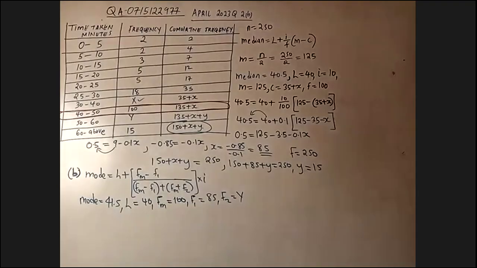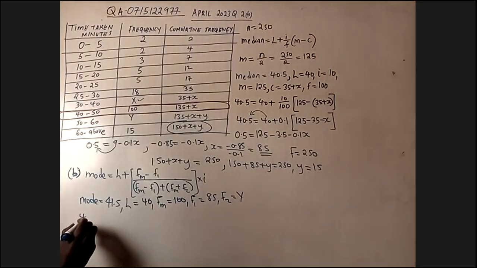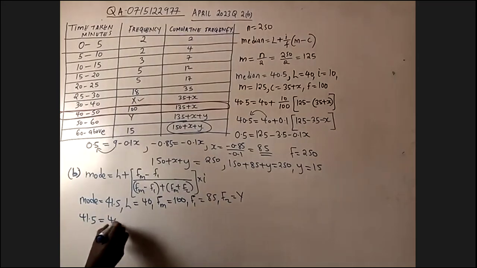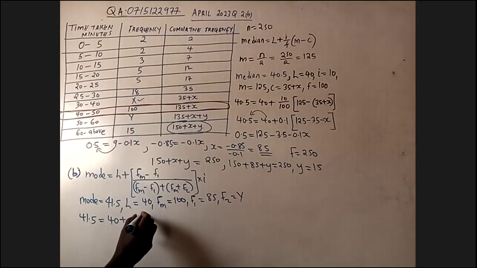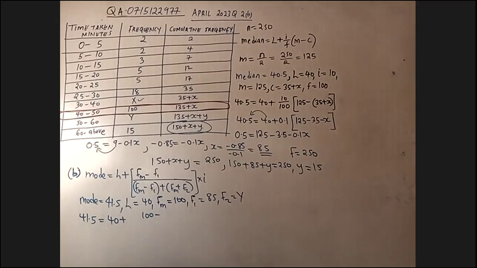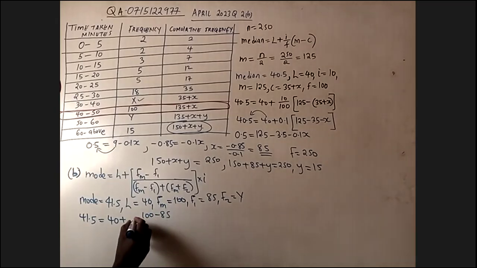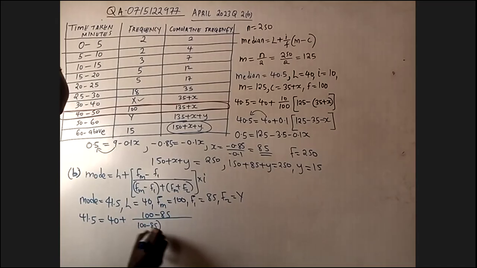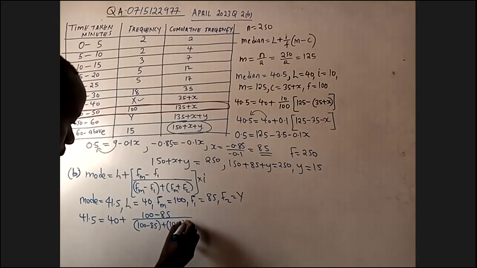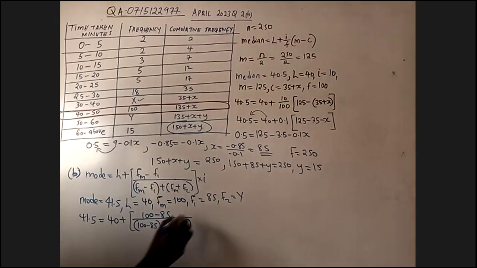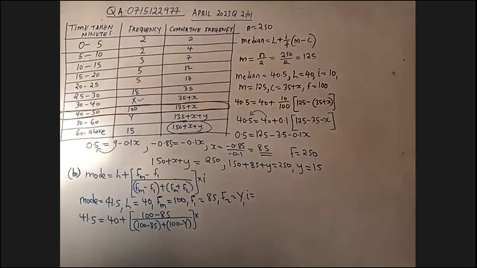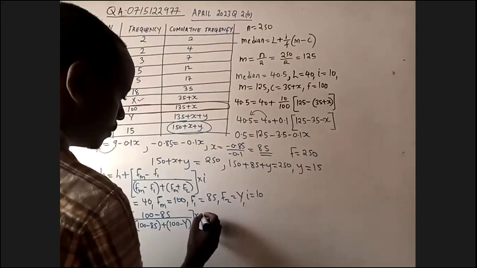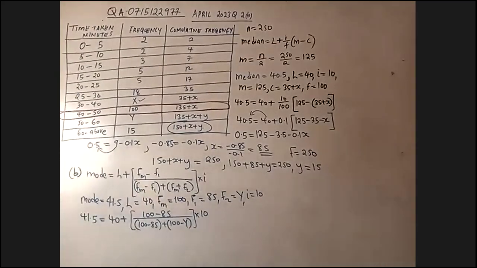Then let's see if you will get it. Our mode is 41.5, which is equal to 40 plus, starting with FM: 100 minus 85, divided by 100 minus 85 plus 100 minus y, multiplied by the interval. What is the interval? 10.